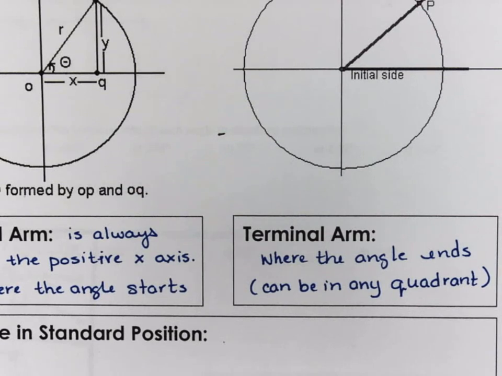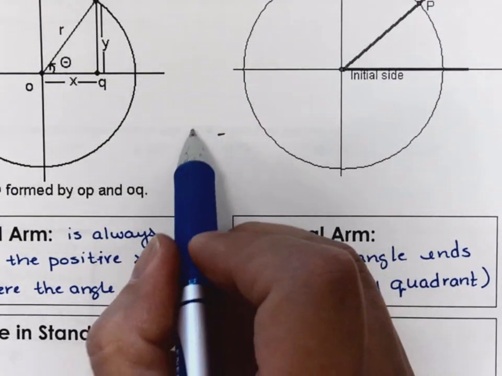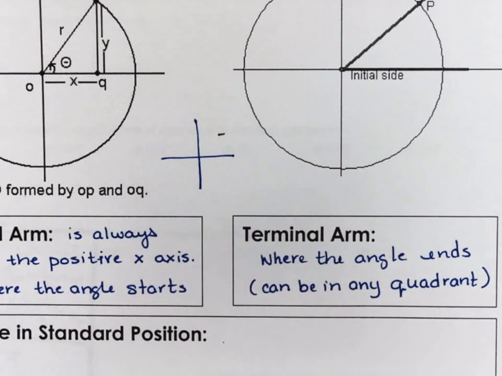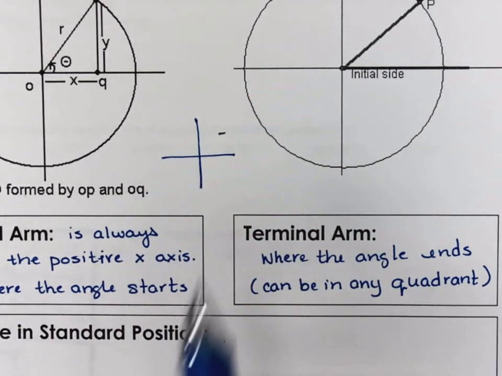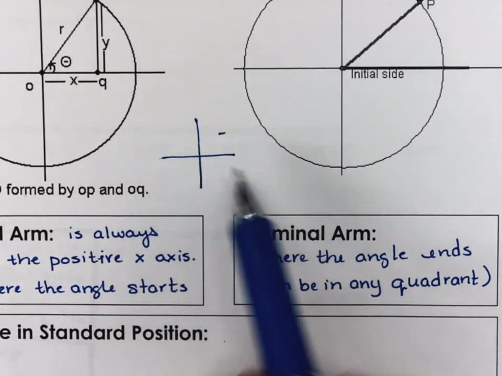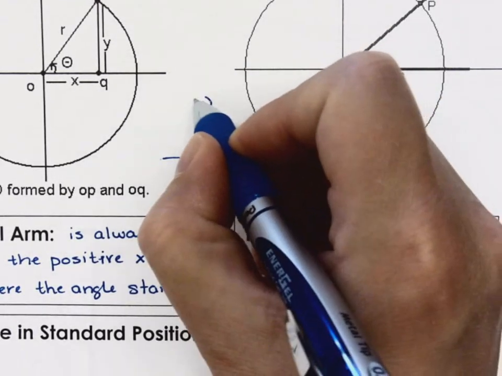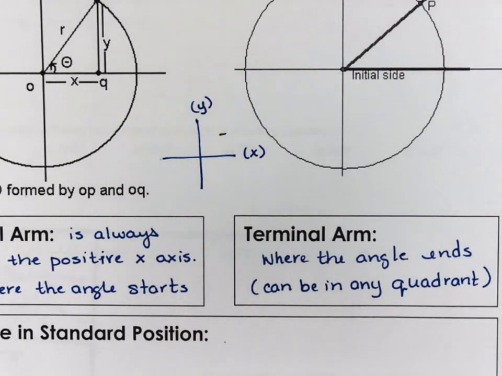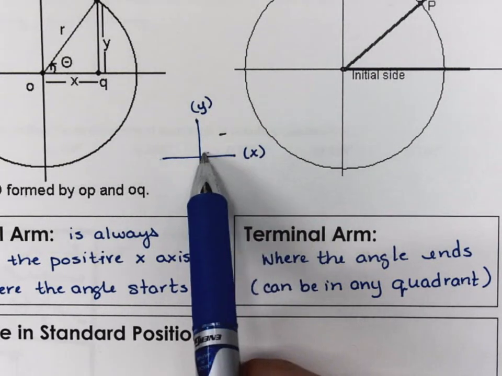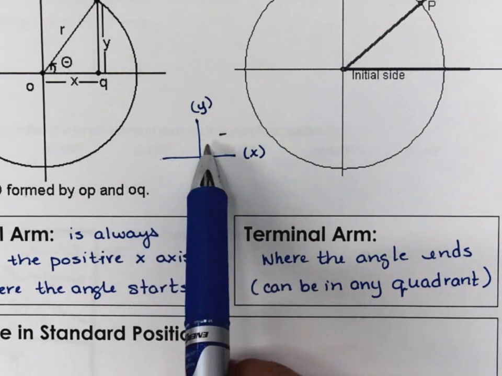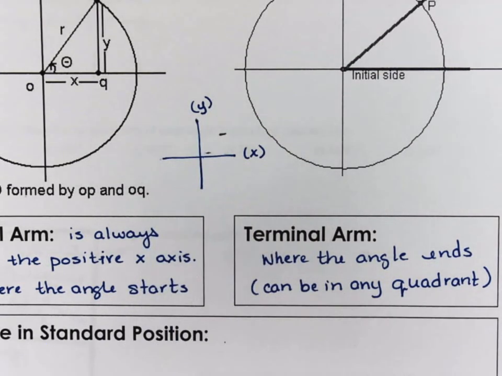So if you're not familiar with the language I'm using, we have our coordinate plane. We know that the horizontal is our x-axis, and the vertical is our y-axis. We know that this side is positive, this side is negative, up is positive, down is negative on the y. We're pretty comfortable with that.